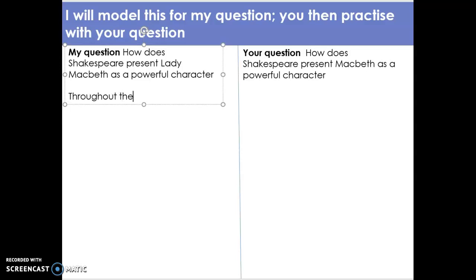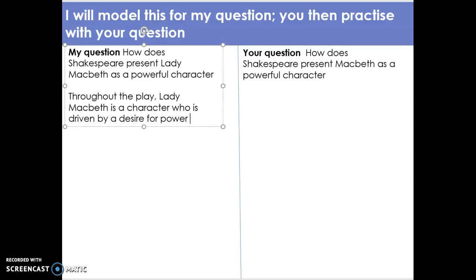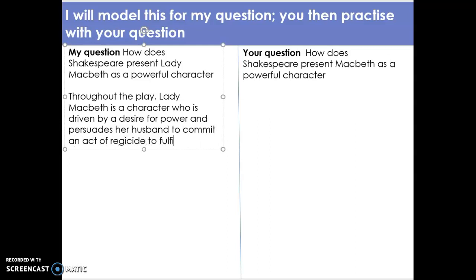So throughout the play, and my focus of my question is Lady Macbeth, so I'm going to have a comma there, and then I shall say Lady Macbeth is a character who is driven by a desire for power and persuades her husband to commit an act of regicide to fulfill her ambitions.